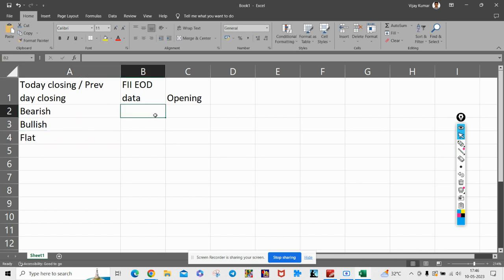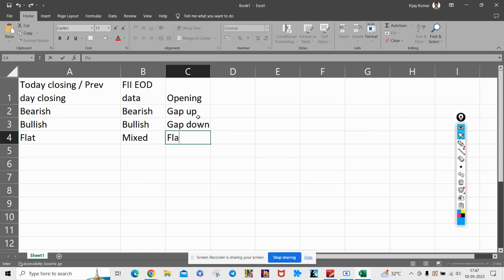These are the only three possibilities of a closing. And FII's EOD data can also be in three ways: it can be bearish, it can be bullish, or it can be mixed, right? And when we look at the opening, the opening can again be three types: a gap up opening, a gap down opening, or a flat opening. So today I'll share only the bearish scenario, how to think from the bearish perspective.